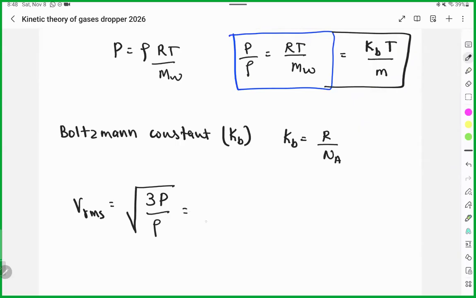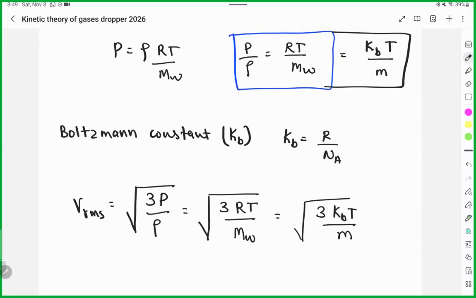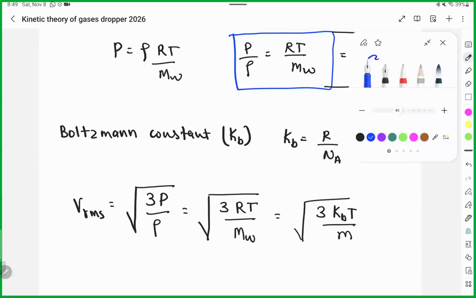P by rho is also equal to RT by MW, molecular weight, or P by rho also equal to K_B T by the mass. This is the most popular thing you get from this topic.